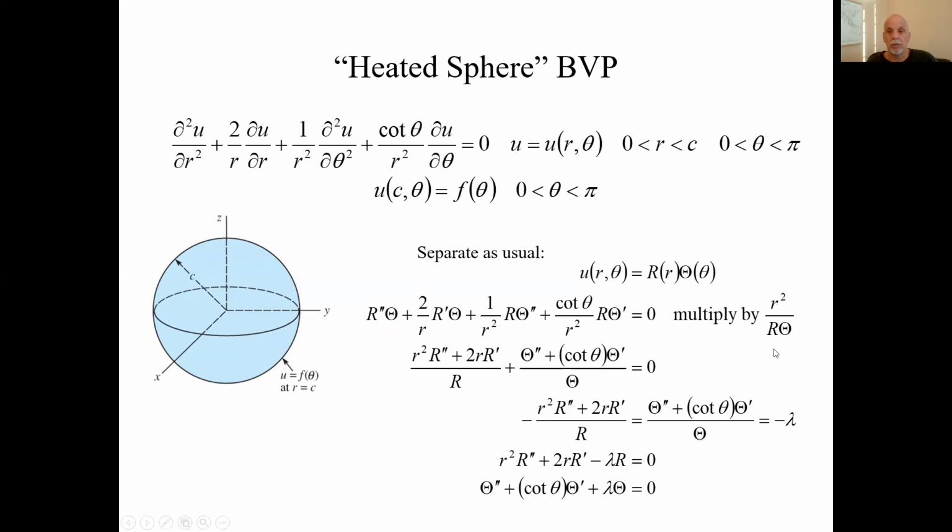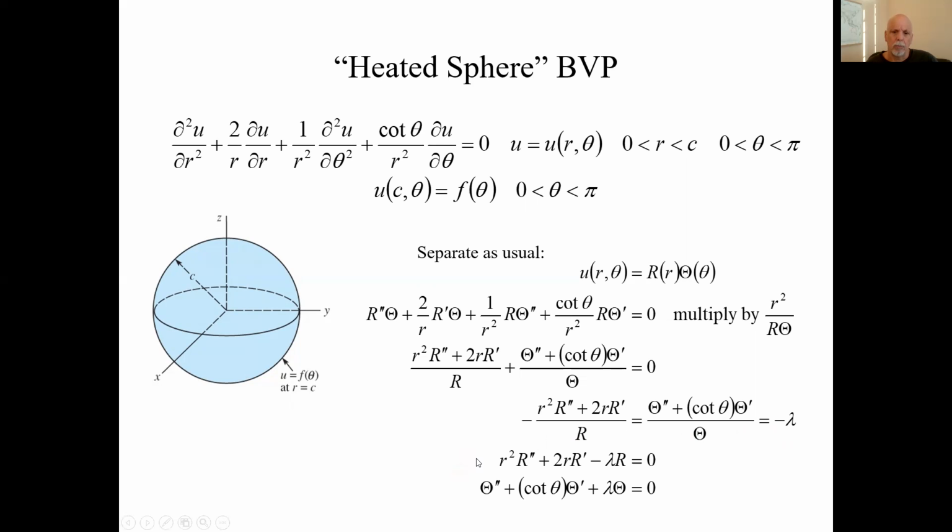All those substitutions, do a little algebra, multiply by r squared over big R big Theta. That gets you to here. At that point, you can separate them. I'll set them equal to minus lambda, our separation constant. We get these two ordinary differential equations.